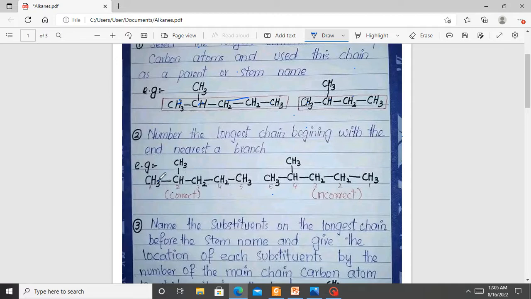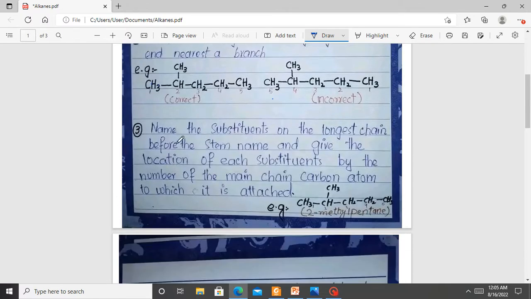If you come from here, this carbon becomes carbon 1, carbon 2, carbon 3, carbon 4, carbon 5, and the branch gets the number 2. But if you come from the other side, the branch gets the number 4, which means the correct numbering is from here, because from here the first branch gets the least number. So you select the parent chain, then you number it and give the least number to the first branch.